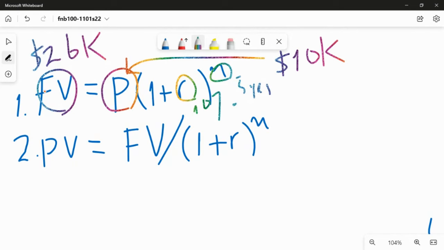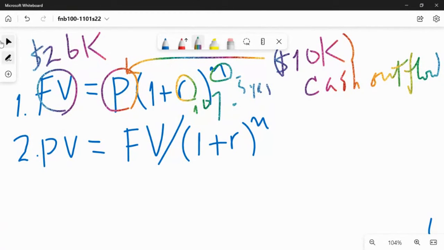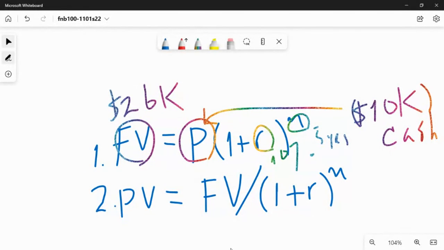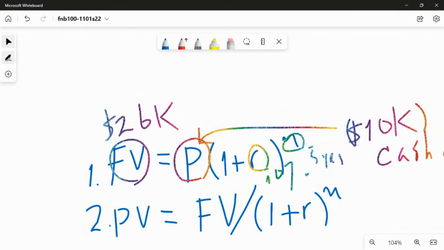This deposit of 10K is a single cash outflow from you. Cash outflow is usually expressed as negative. And then 5 years later or 10 years later, you will get a cash inflow of 26K.